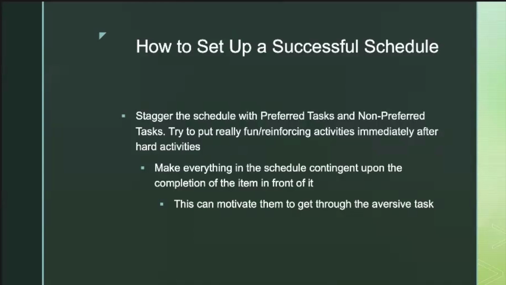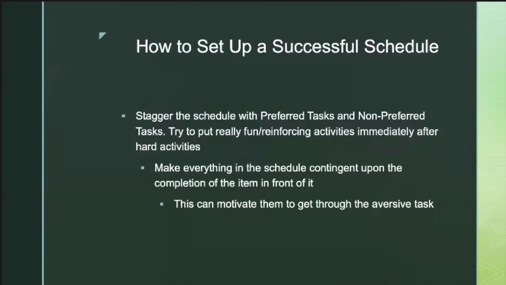So it's very, very important that we pay attention to how we're scheduling these tasks, that we try to stagger anything that is aversive or non-preferred. Right after it comes something preferred. We use our hierarchy that we built before to try to figure out how to match those, right?